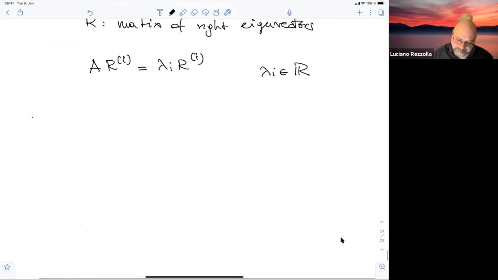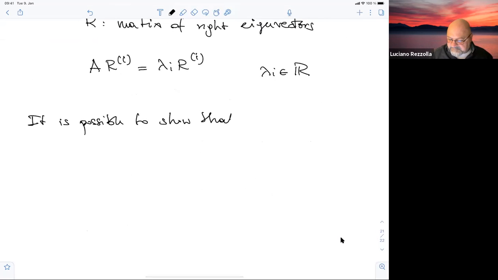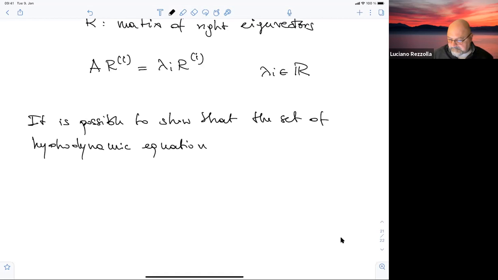It is possible to show that the set of hydrodynamic equations is hyperbolic in suitable forms.